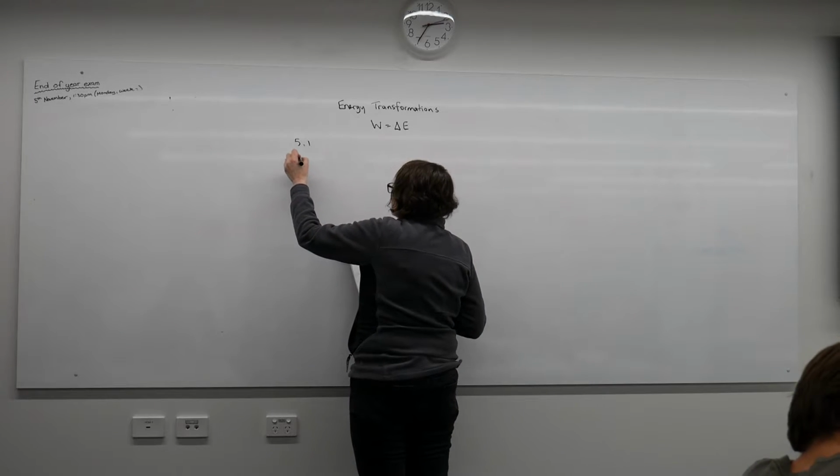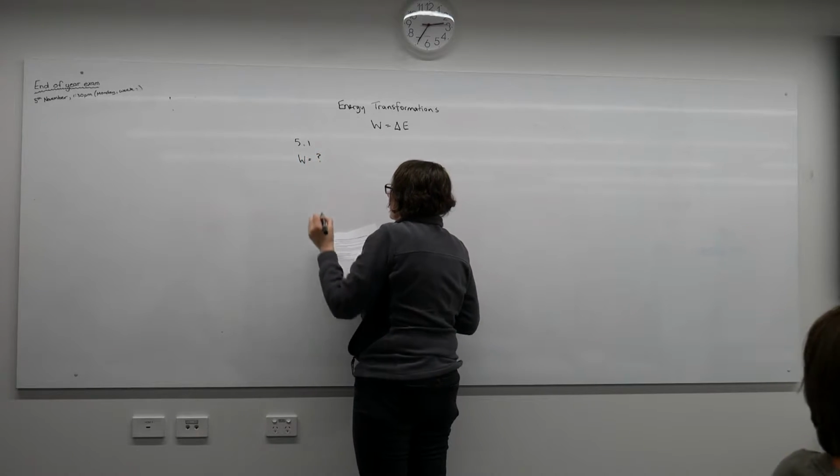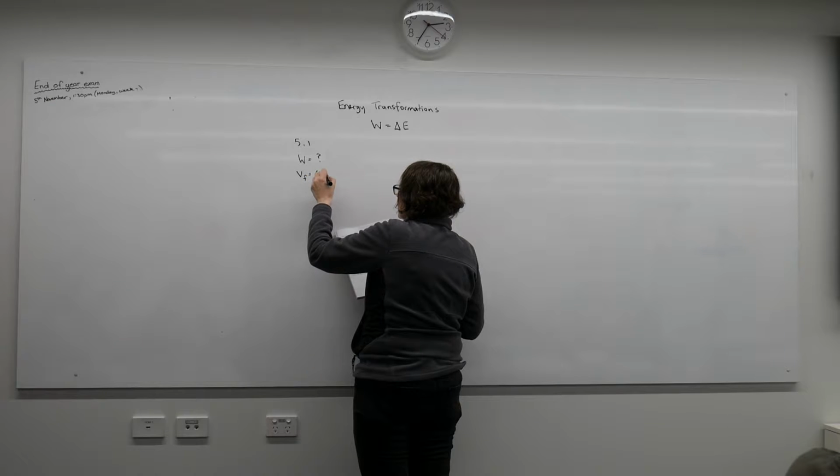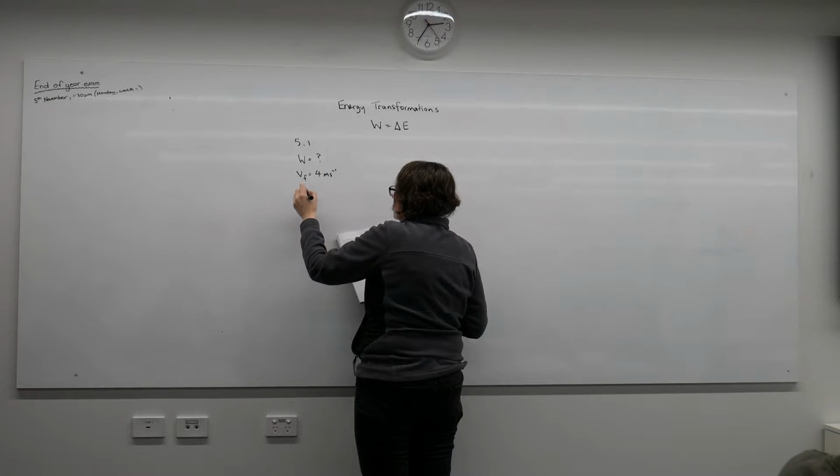Okay, so we're interested in work, and we know that our final velocity is 4 meters a second, and our initial velocity is 10 meters a second.